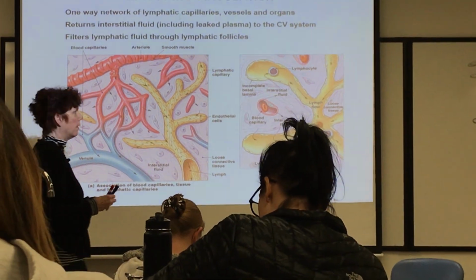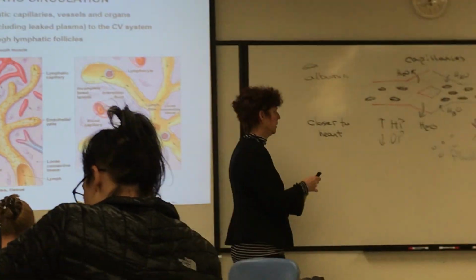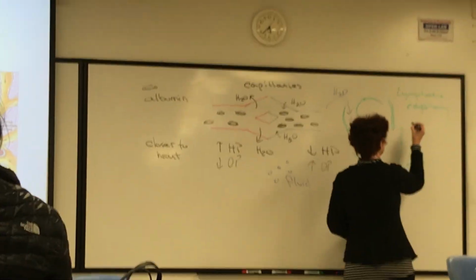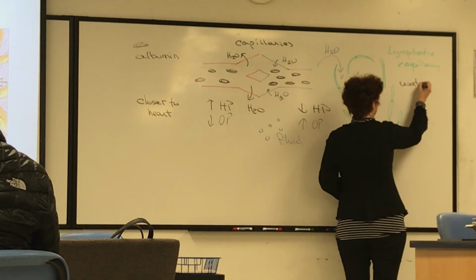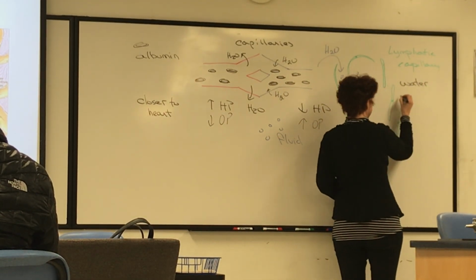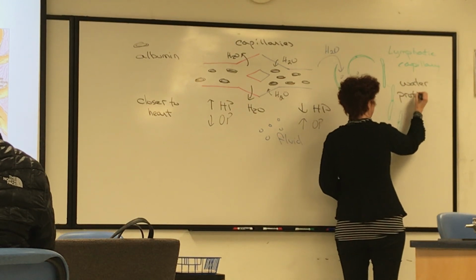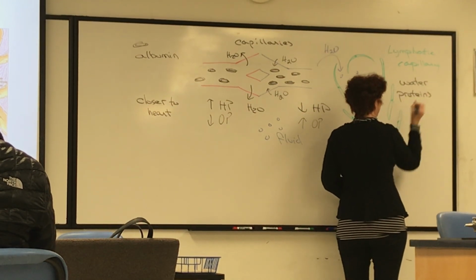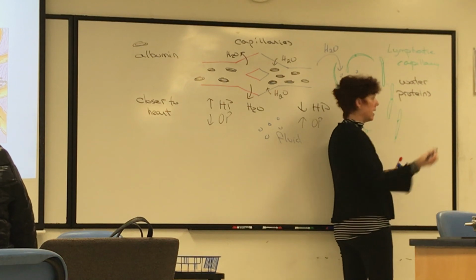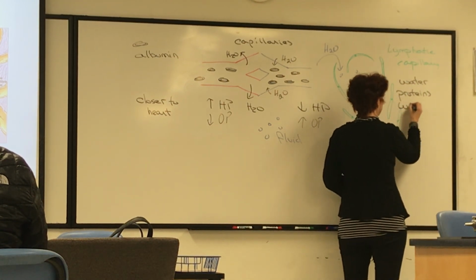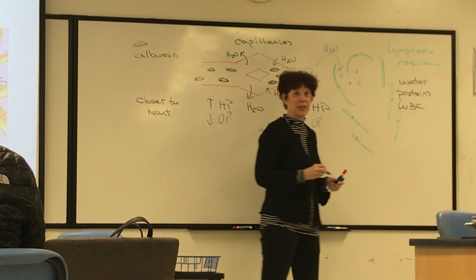Right? So in addition to fluid, the water, and dissolved proteins that are in the connective tissue, we can have white blood cells, because we find white blood cells in the loose irregular connective tissue. All right.